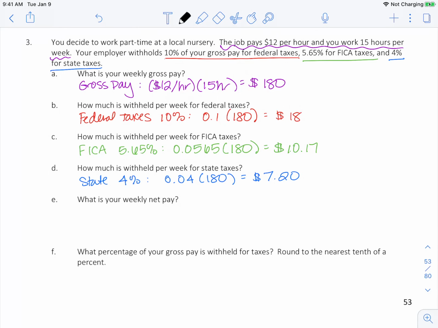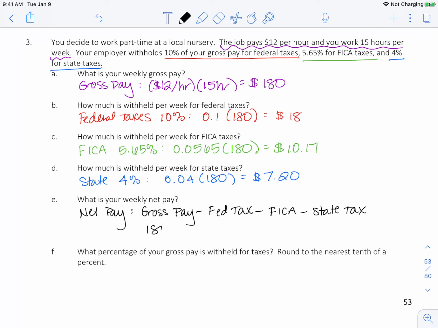So now we need to find our weekly net pay. Your net pay is going to be your gross pay minus the amount withheld for federal tax, minus the amount withheld for FICA, minus the part that's withheld for the state tax.